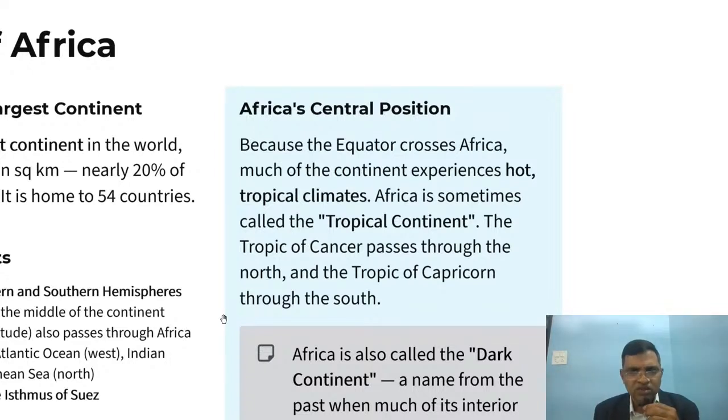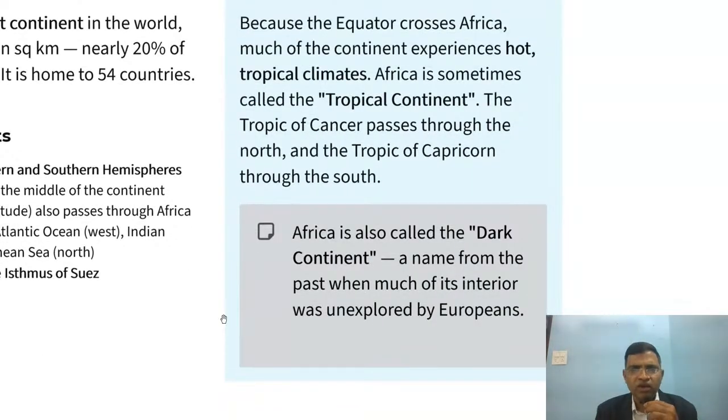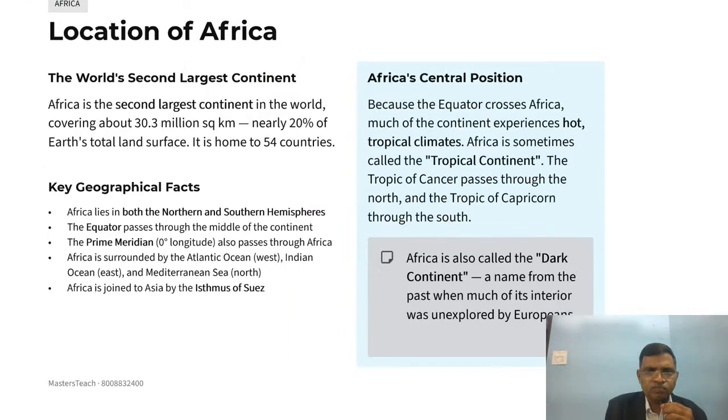The Tropic of Cancer passes through the north and the Tropic of Capricorn through the south. Africa is also called the dark continent, a name from the past when much of the interior was unexplored by Europeans.